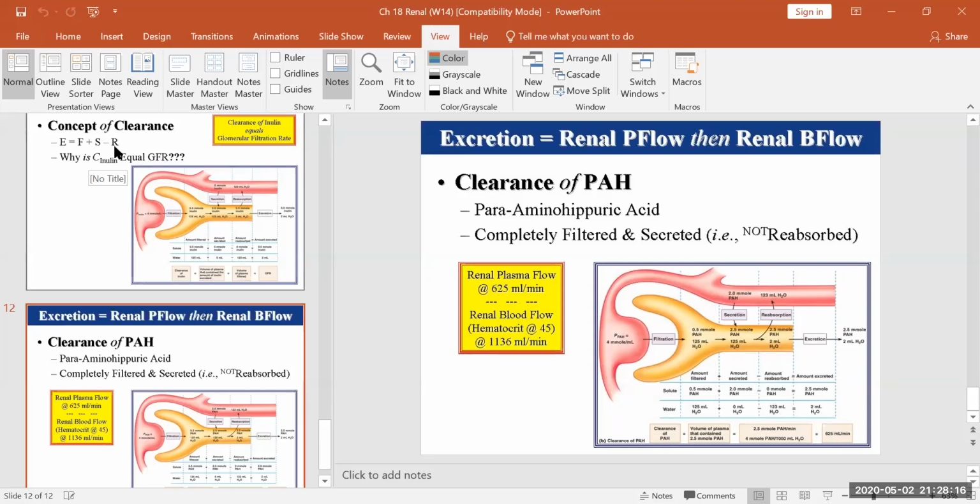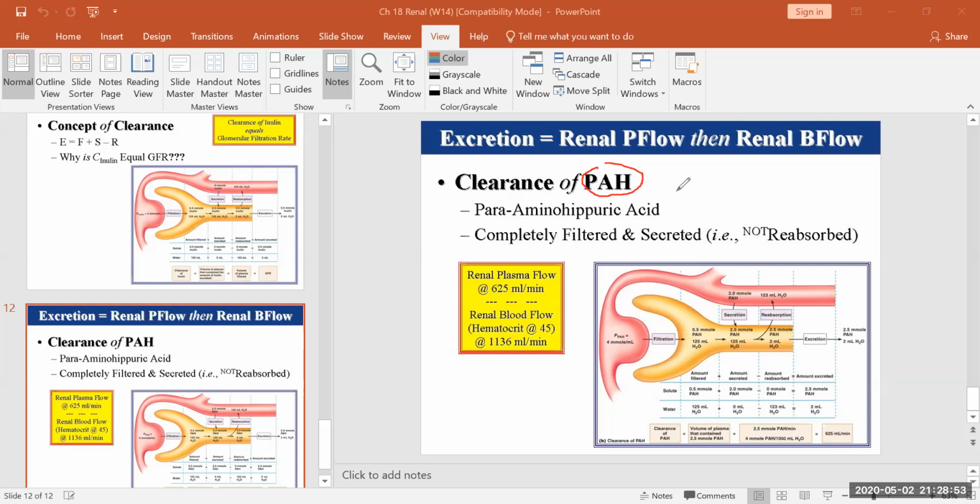Whatever you give to the patient will basically end up being excreted. So if you're using this chemical, PAH, the excretion of PAH will give you an estimate of your renal plasma flow.